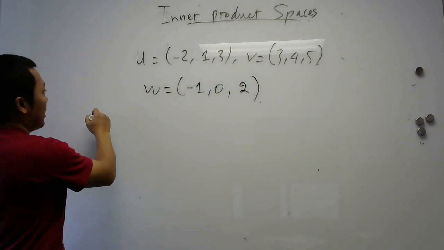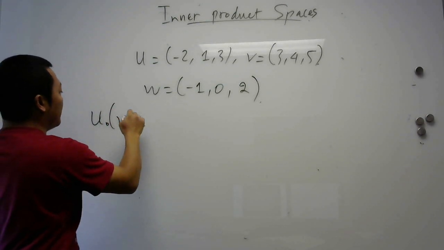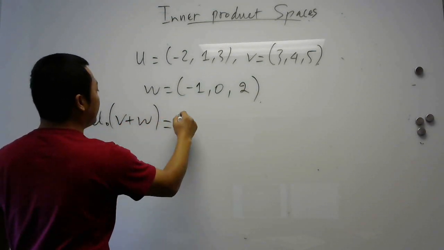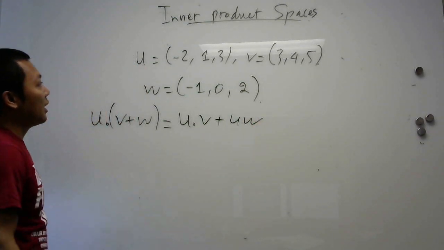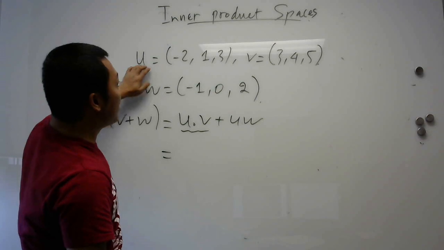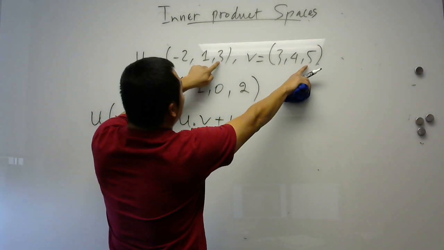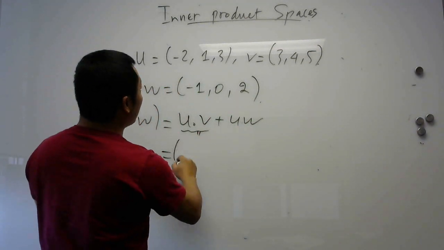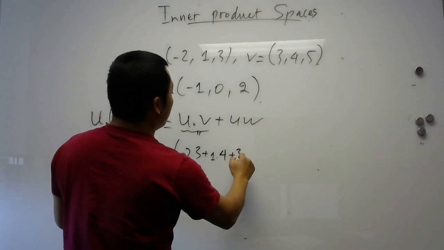So let's calculate u dot product with v plus w. Basically I have the dot product of u and v plus the dot product of u and w. For the dot product between u and v, you multiply entries together and sum them up. For the first, I would get -2 times 3 plus 1 times 4 plus 3 times 5.